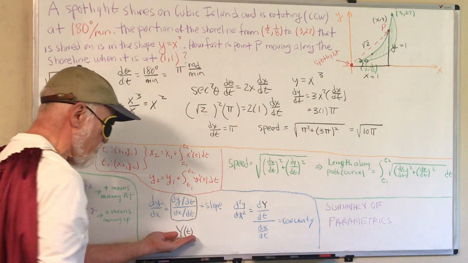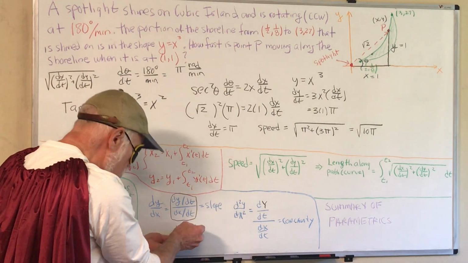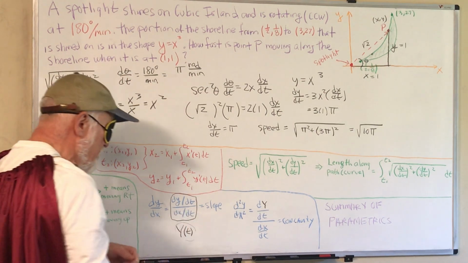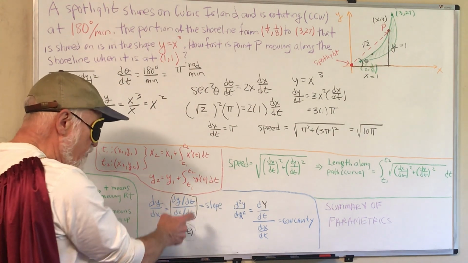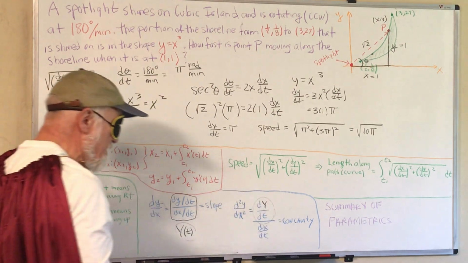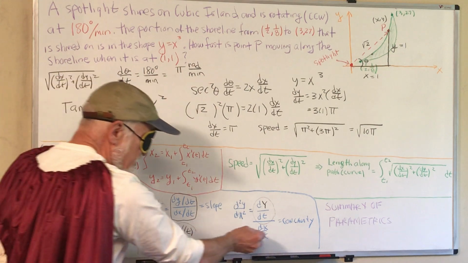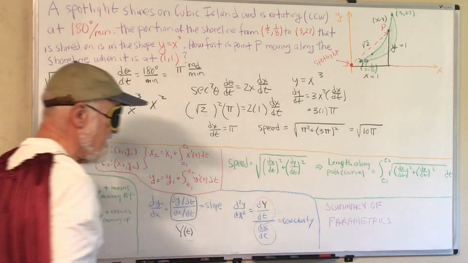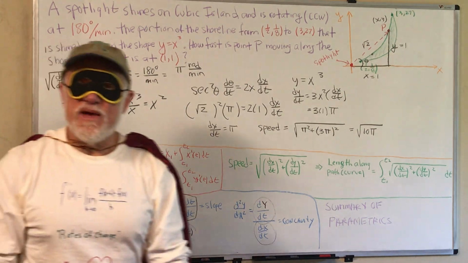What we're having to do is take the derivative of this new function of y with respect to x. So we have to use the same formula, but now we take the derivative of this new y with respect to t, and x itself is not changed, so it's the same dx dt. So that's maybe one of the most complicated things in parametrics.